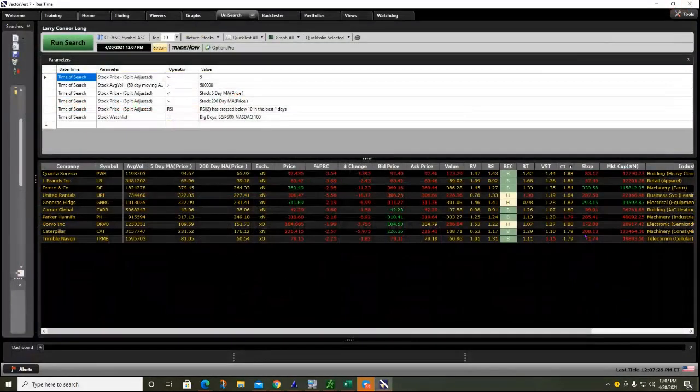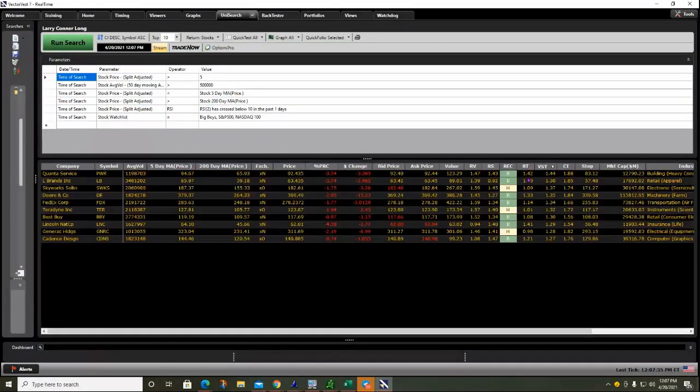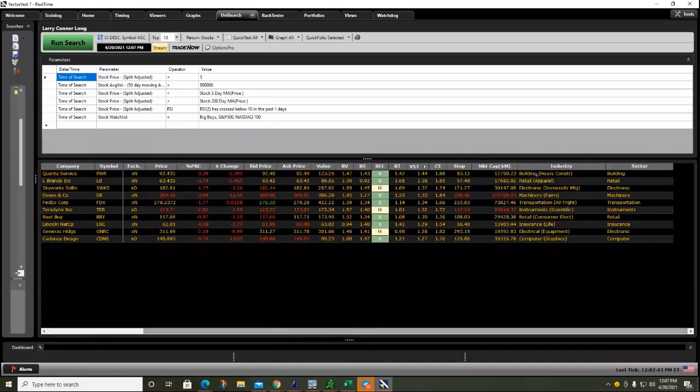So when we get these, what we try to do is rank sort them before we show you this. And now the best are at the top. And what we try to do is enter a stock. We want to enter stocks that are in an industry group, but not more than one stock in the industry group.